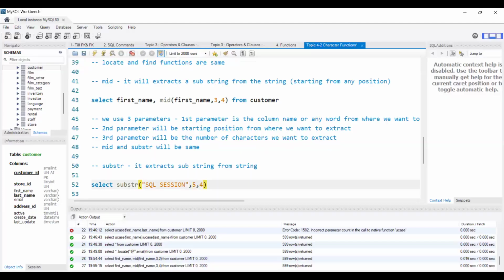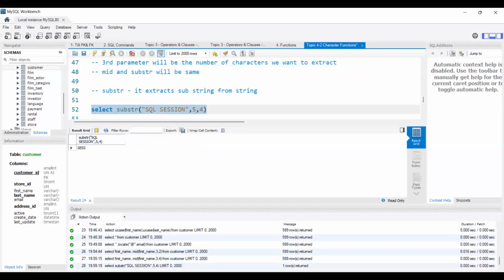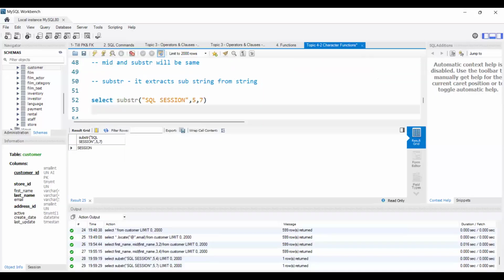If I write like this, what will it do? Starting from the 5th position, it will extract 4 characters, right? SESS. Exactly. If I write 7, the complete session word will come, because it will count the space also. 1, 2, 3 up to SQL, 3, space will be 4 and S will be the 5th position.